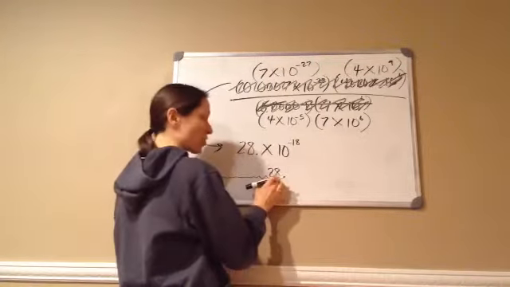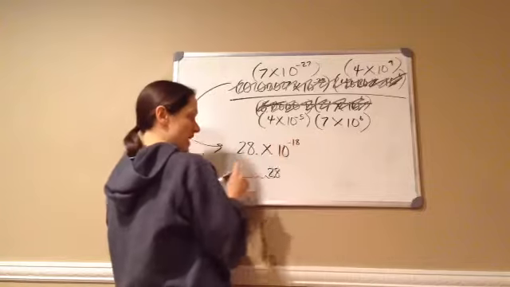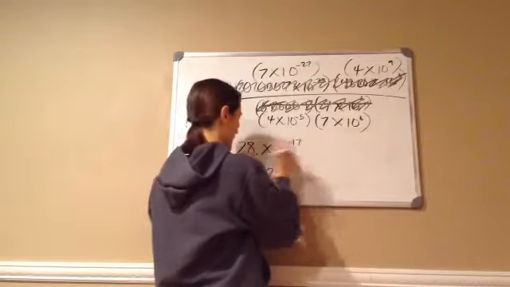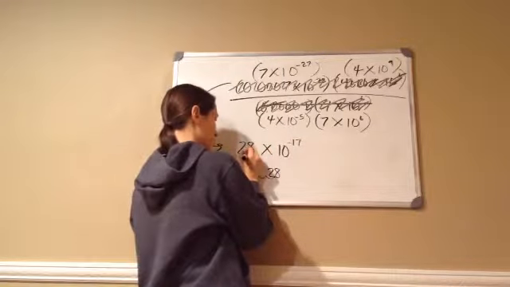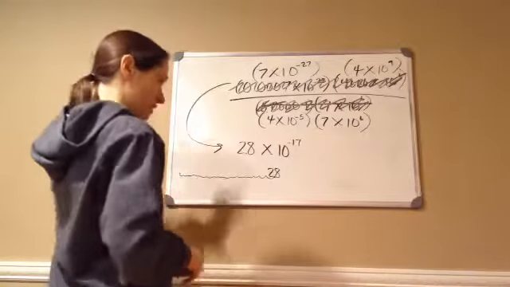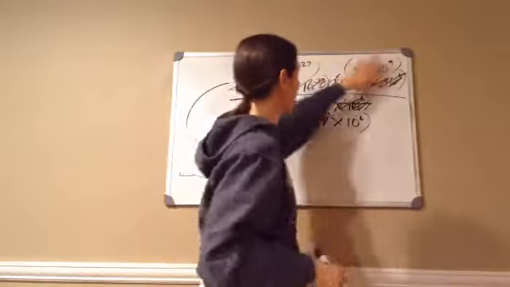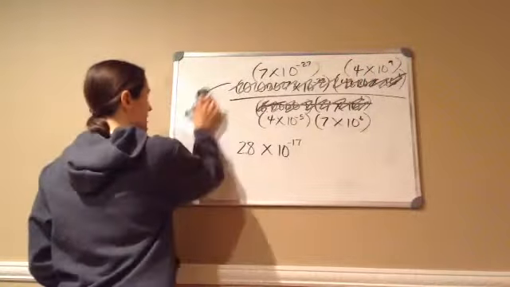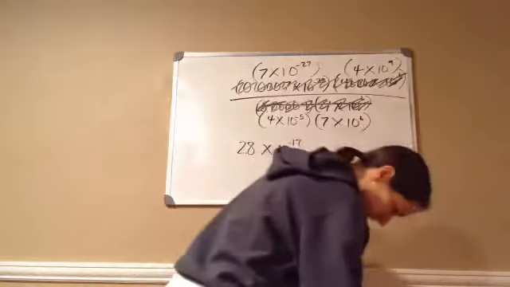So what did I do? I took 1 away. So instead of it being negative 18, this is going to be negative 17. And then this 28 becomes 2.8. Hopefully that makes sense. So this is my answer to this top problem: 2.8 times 10 to the negative 17.